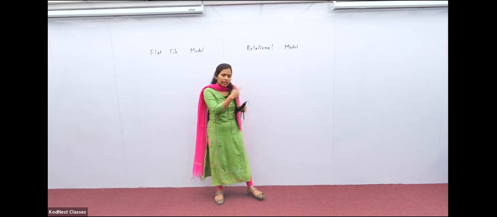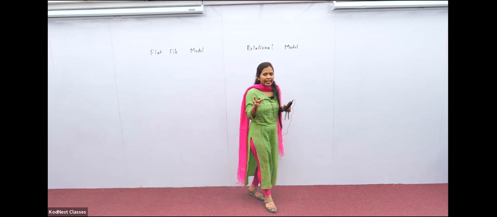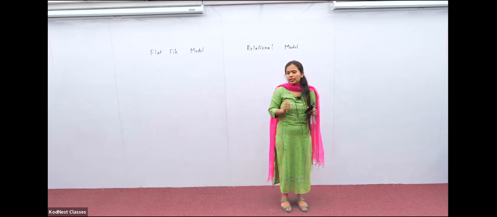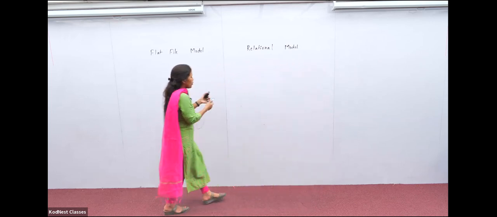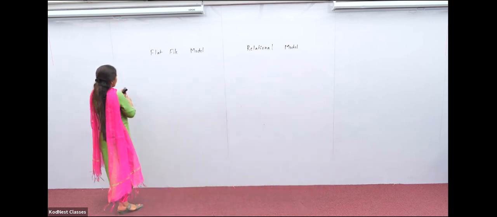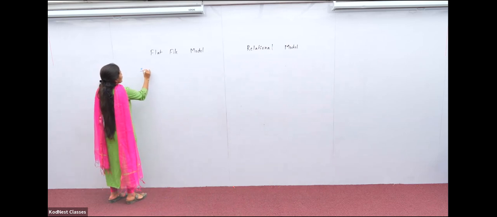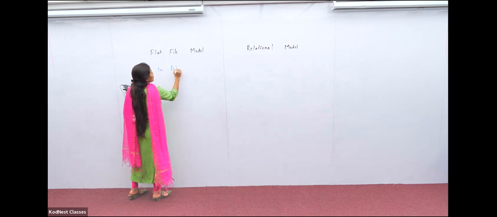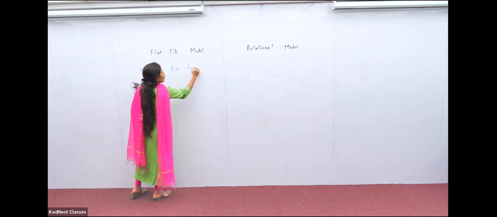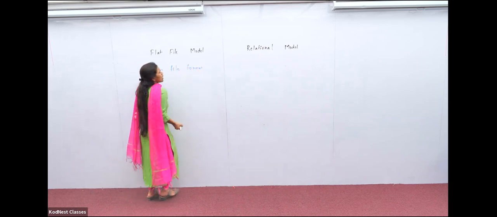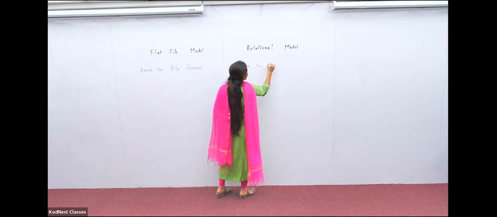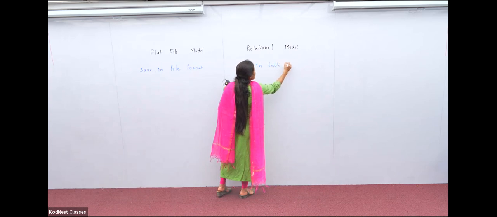But coming to the relational model, the data that you save will be saved as tables. Are you all getting it? In the flat file model, we save the data in file format. Here, you save the data in table format.